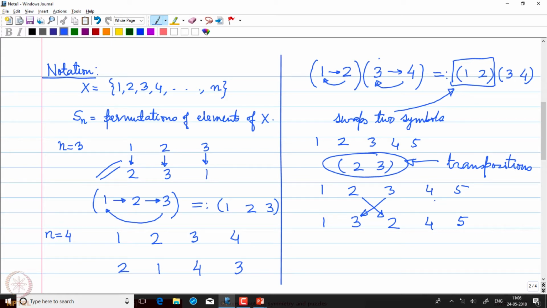So repeated swapping creates all permutations.